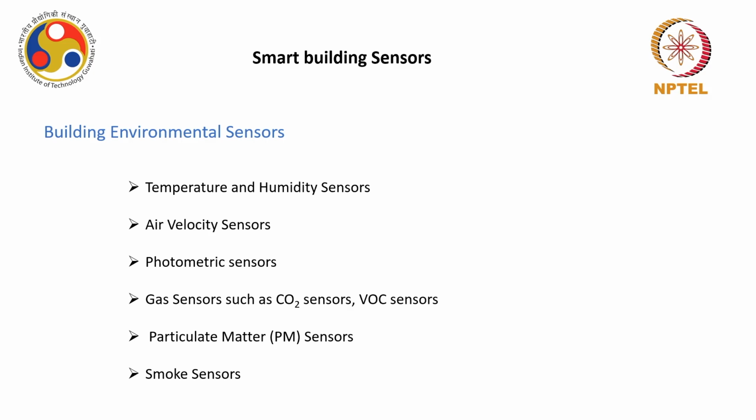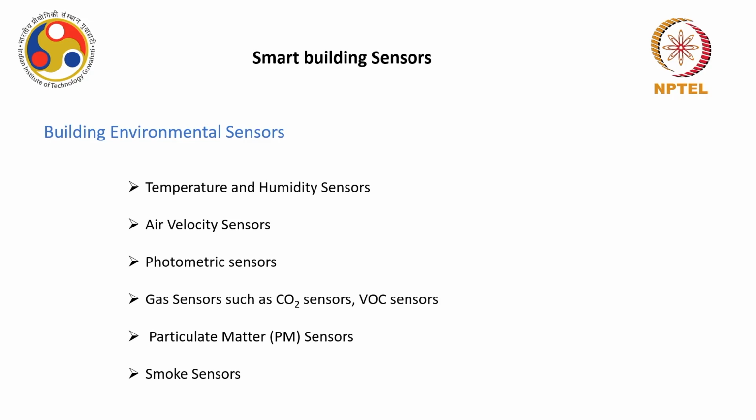Then two important things that we are going to discuss in the next couple of lectures are the particulate matter sensors and the smoke detectors. So we will keep our discussion on smart building sensors in our next class also.